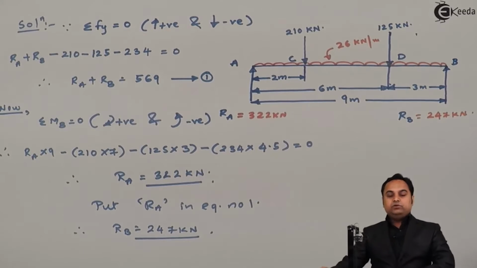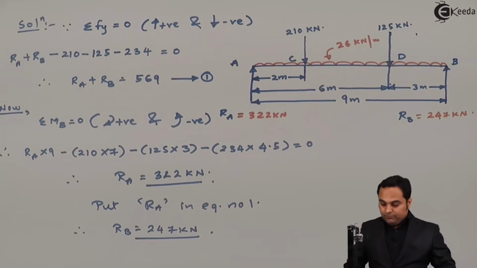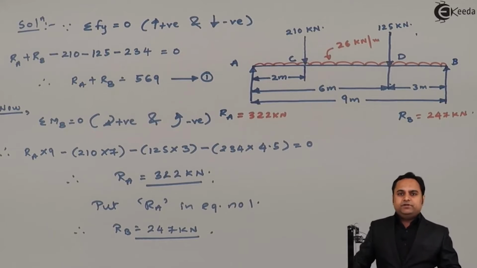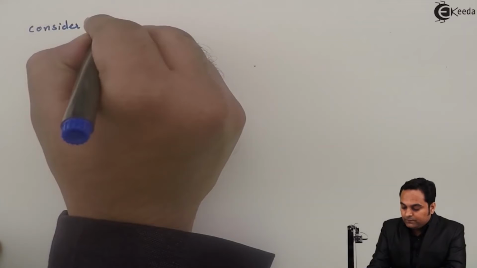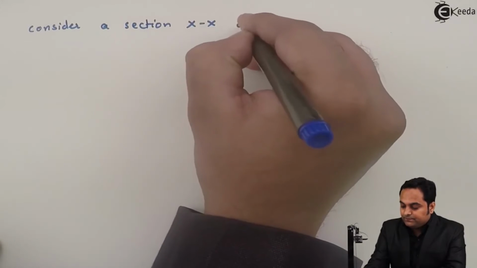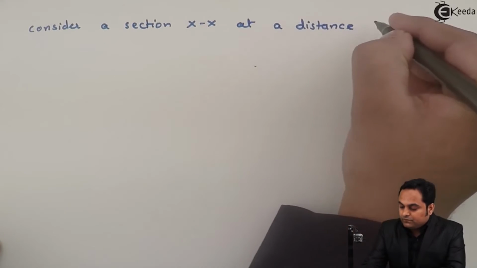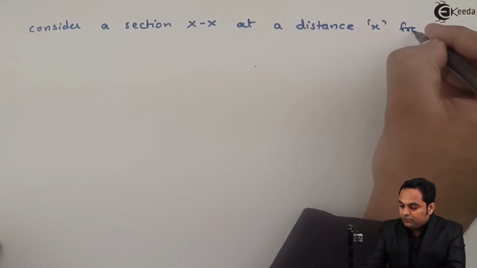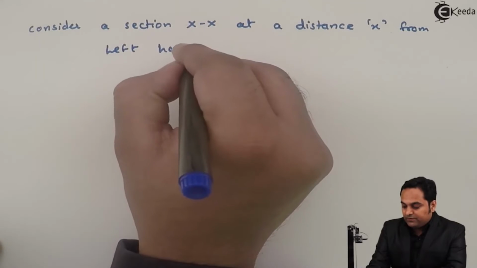Now once I have found the support reactions, we have to solve this problem by using the double integration method. For that, I'll say consider a section XX at a distance small x from left hand support.